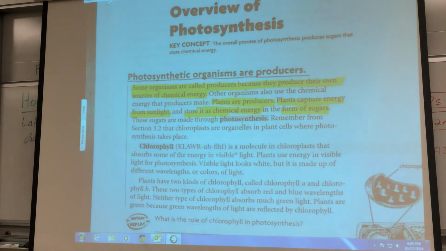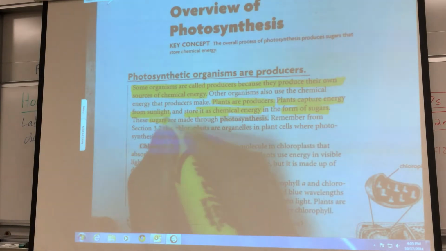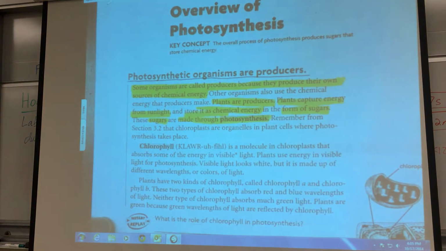Okay, so then the next sentence tells us that these sugars are made through photosynthesis, and photosynthesis is one of our key terms, and that's in this case already been highlighted. Okay, so sugars made through photosynthesis.